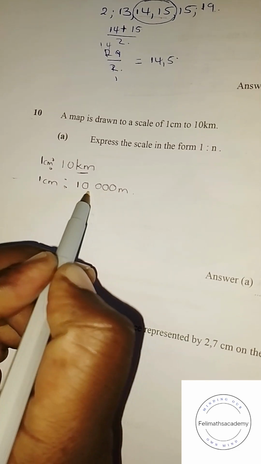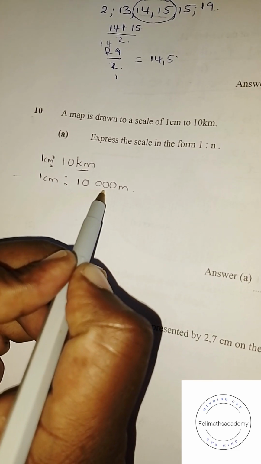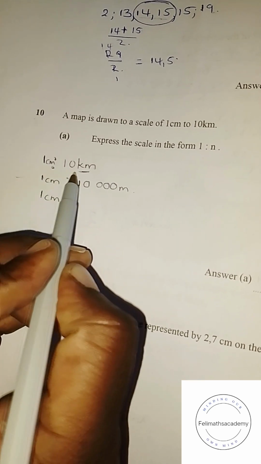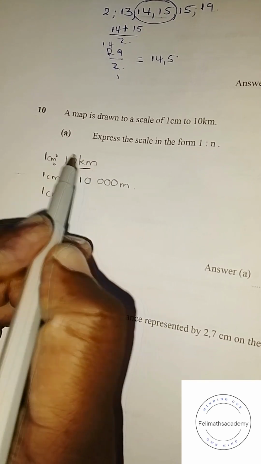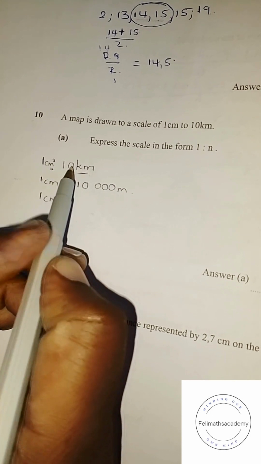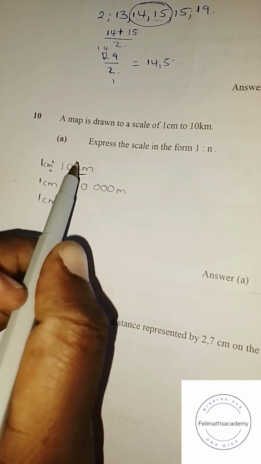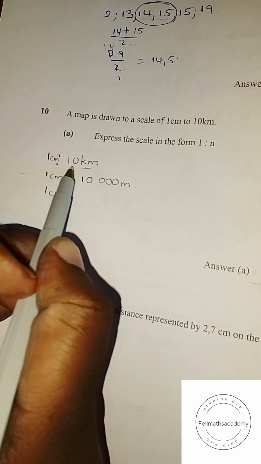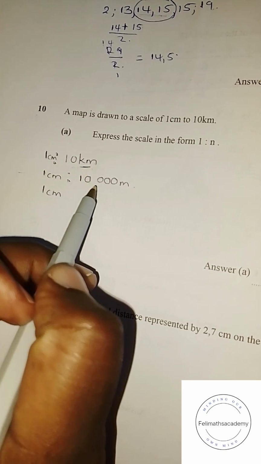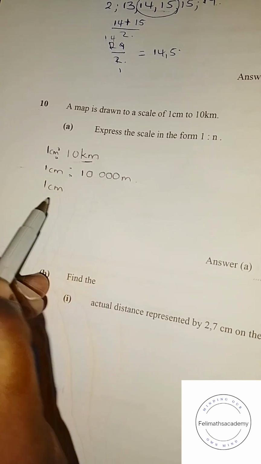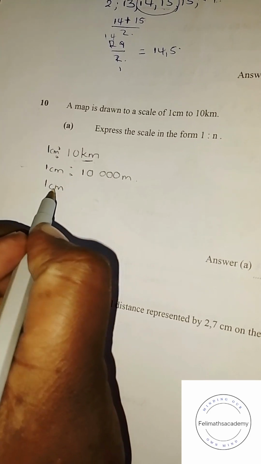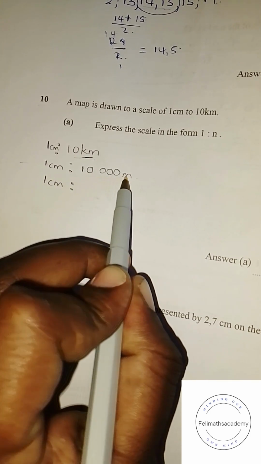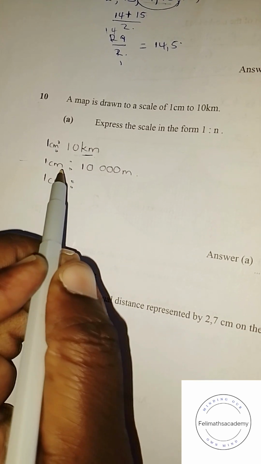Here we've multiplied by 1,000, since 1,000 meters is equal to 1 kilometer. So we multiply 10 kilometers by 1,000 to get 10,000 meters.